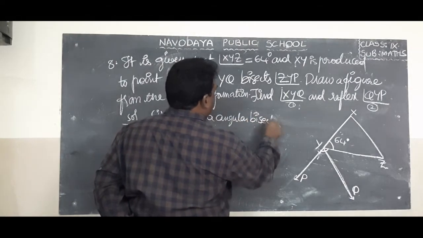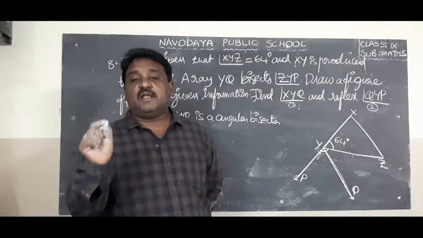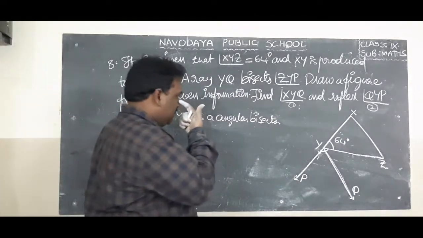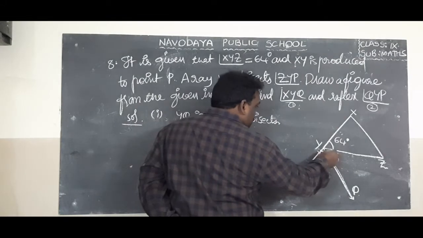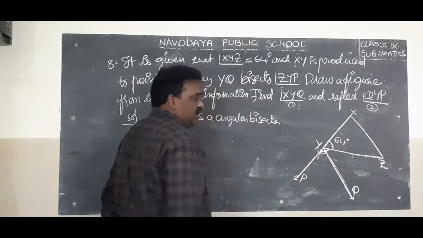You know the properties of an angular bisector. An angular bisector divides the angle into two equal parts. So these two angles are equal. This one and this one both are equal.